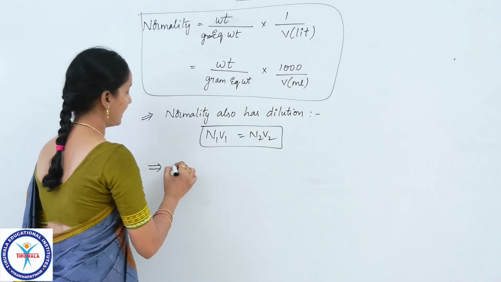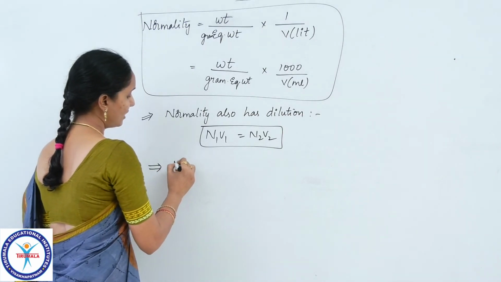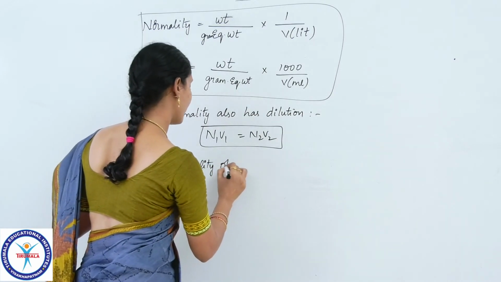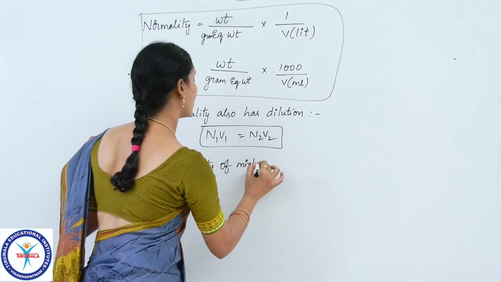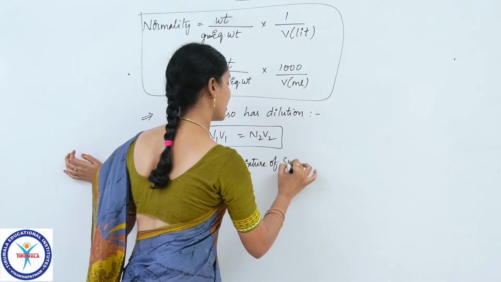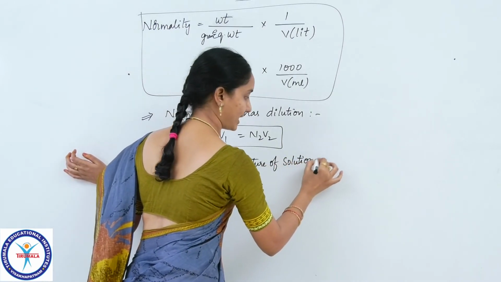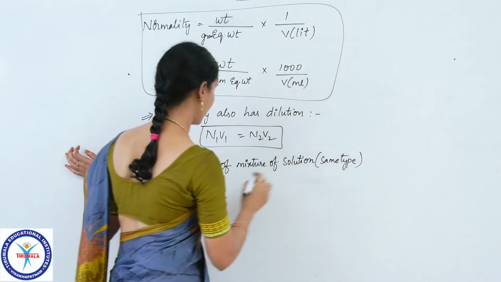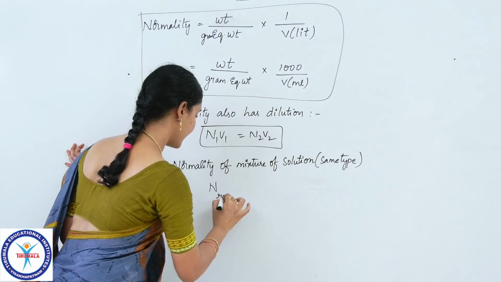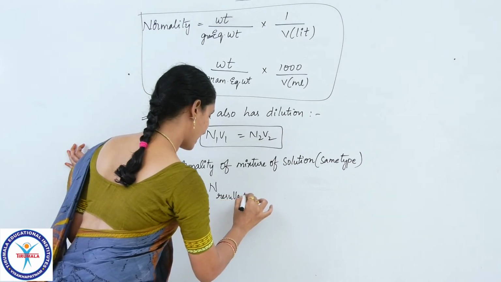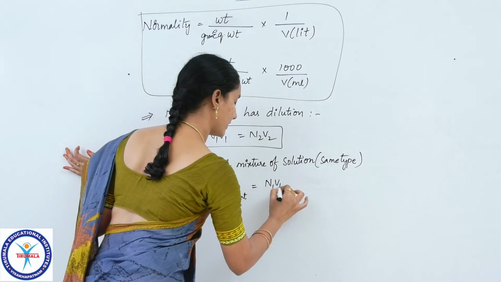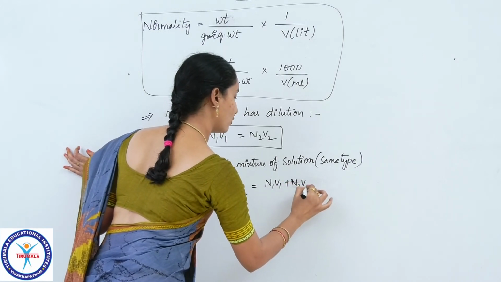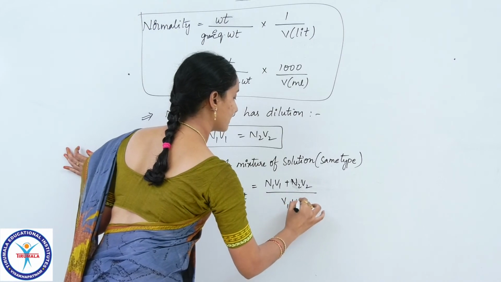And like molarity, for normality of a mixture of solutions which are of the same type, the formula would become N resultant = (N1V1 + N2V2) / (V1 + V2), and so on.